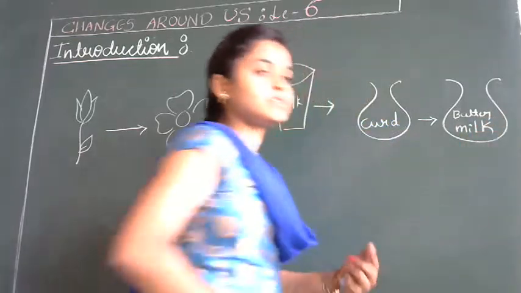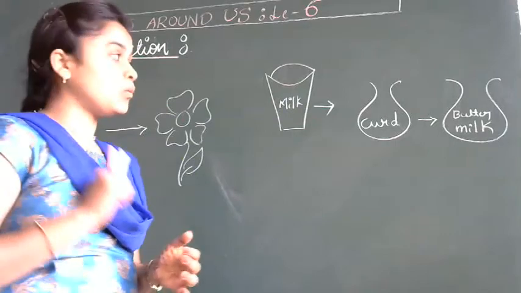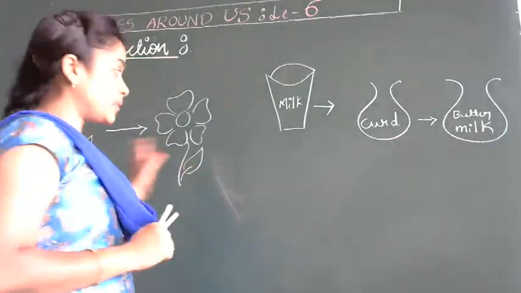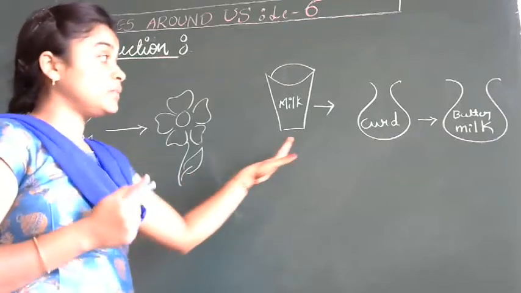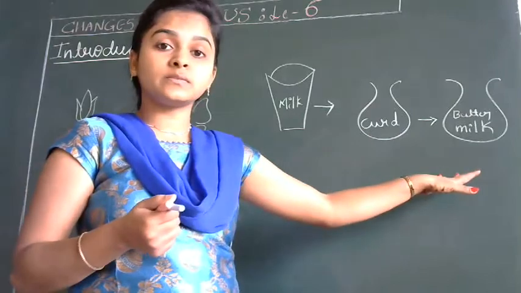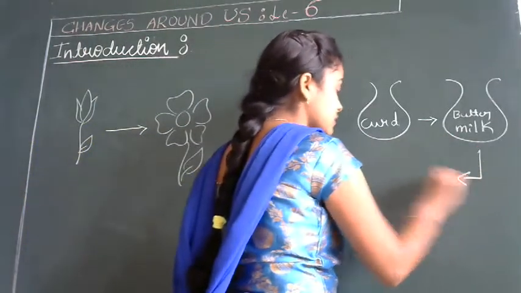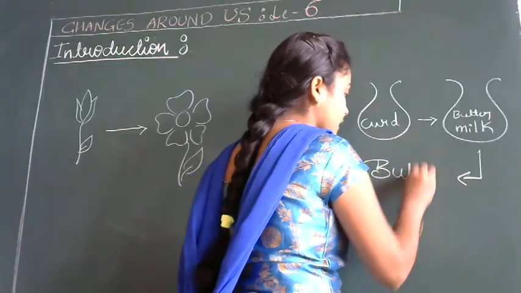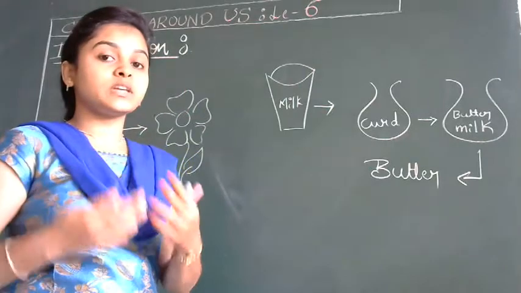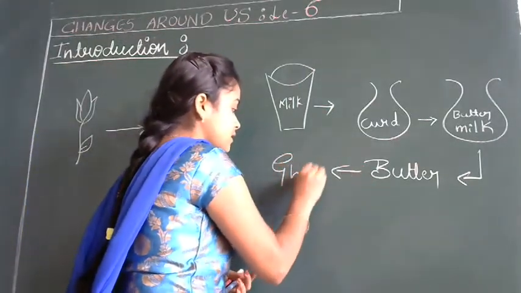So you can see many changes in your surroundings as well as in your home. Like the bud becoming a flower, milk changes to curd, curd we can change into buttermilk, right? From buttermilk again we get butter, and butter can be changed into ghee.